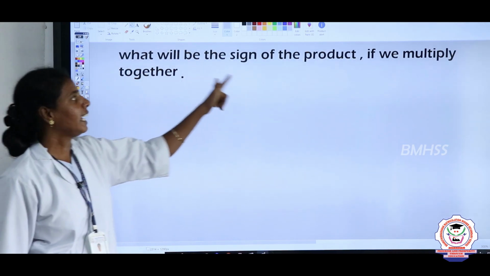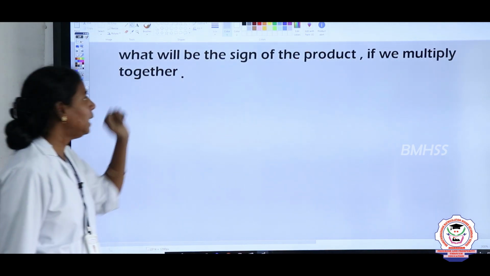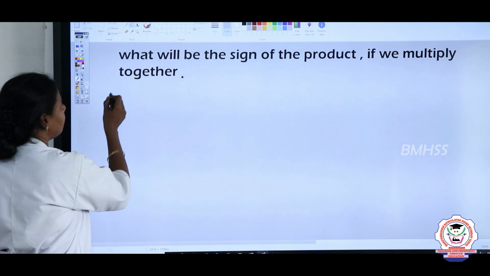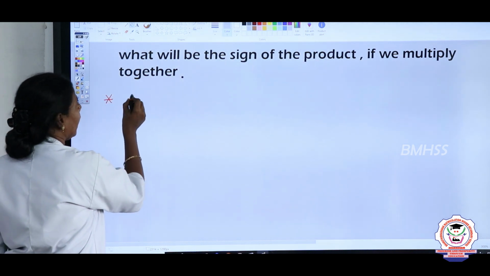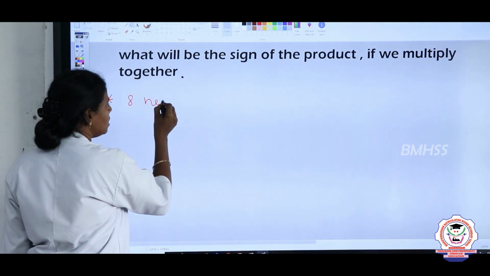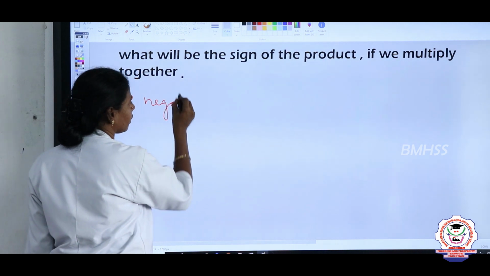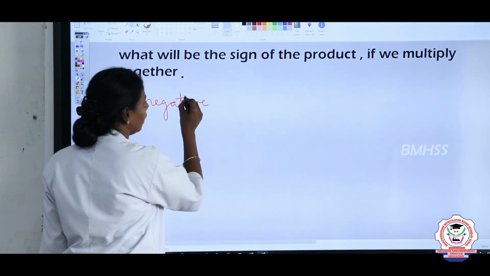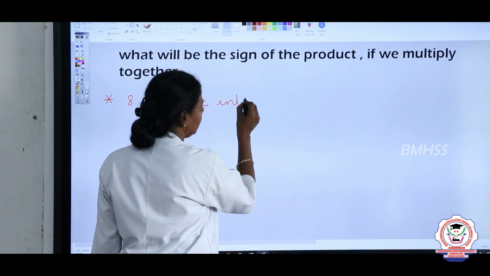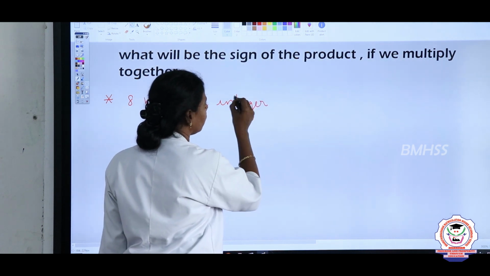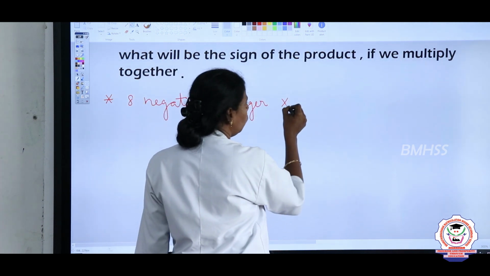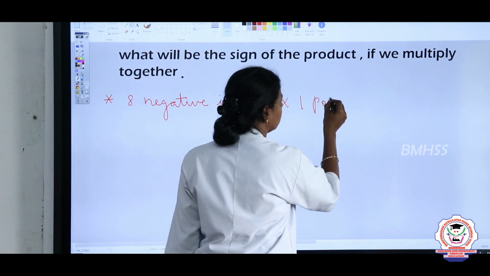What will be the sign of the product if we multiply together? For example, the first question is 8 negative integers into 1 positive integer.